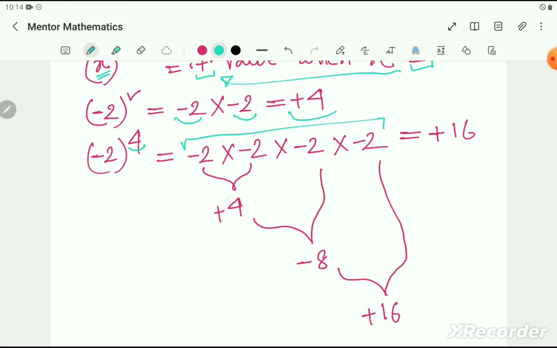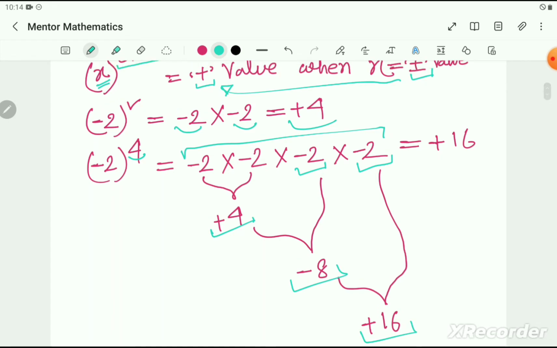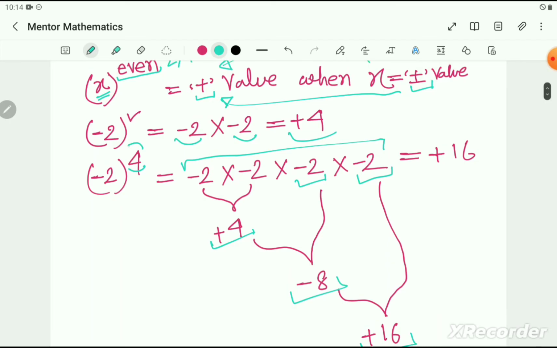The first two give us positive 4, then this positive 4 and the third negative 2 give us negative 8, and then this negative 8 with the fourth negative 2 gives us positive 16. Therefore, if the power is an even number, it will always give us a positive value.